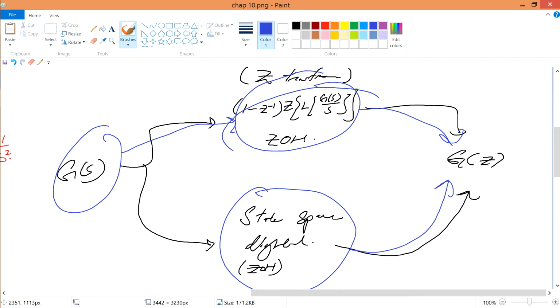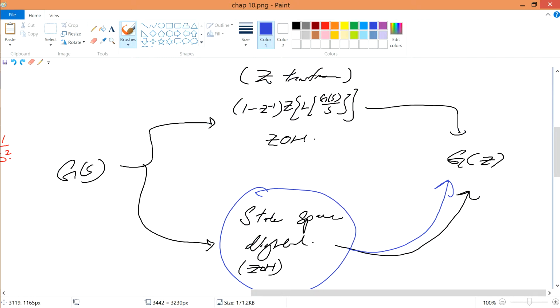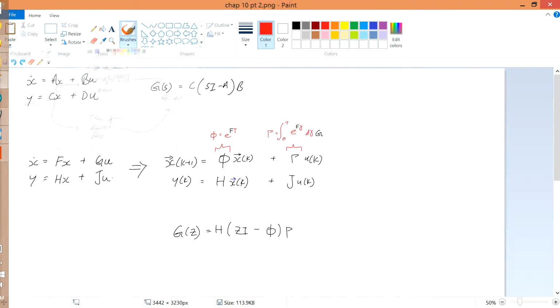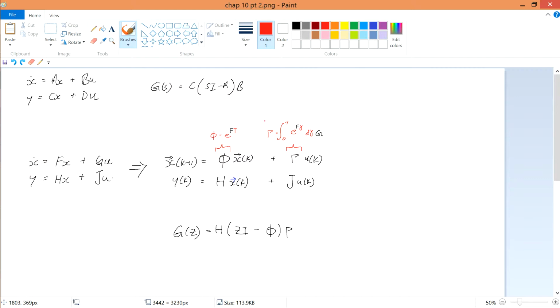So this thing over here will give you the same outcome as your Z transform answers. Therefore, in order to understand the state space, in this video I'll give you the definitions. In the next video I'll do up the state space to show you, and eventually prove to you that it is, because I think the definition is very important. This is why I'm writing it in terms of all this, to give you the comparisons and let you understand everything.